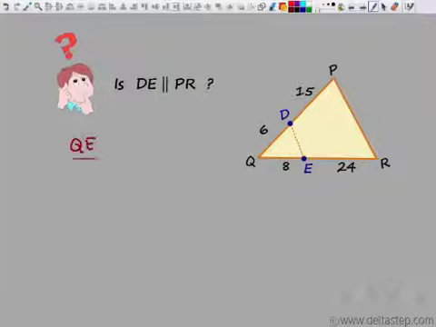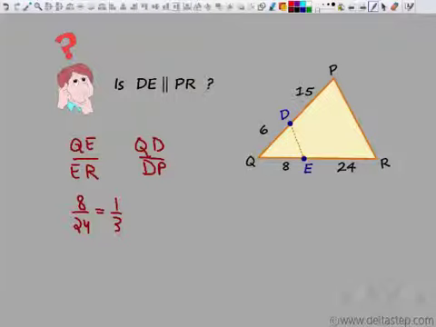QE by ER and QD by DP. So I'll find these two ratios. If they are equal, the lines will be parallel. Let's find QE by ER first. QE is 8 and ER is 24. So this is equal to 1 by 3, since 8 3s are 24.